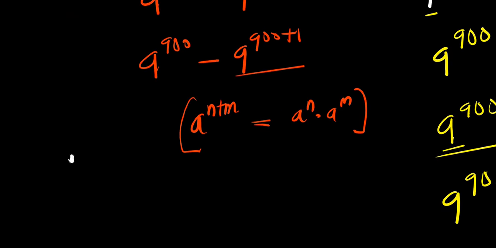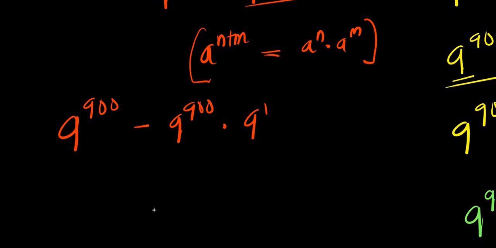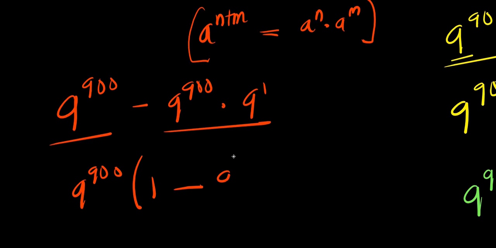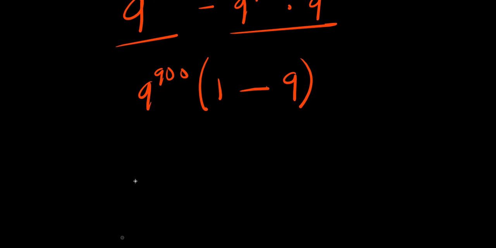That means I will simply have 9 to the power of 900 minus 9 to the power of 900 times 9 to the power of 1. Then I factor out 9 to the power of 900. This divided by this, I have 1 minus this divided by this, I have 9. From here, I have 9 to the power of 900 times negative 8.